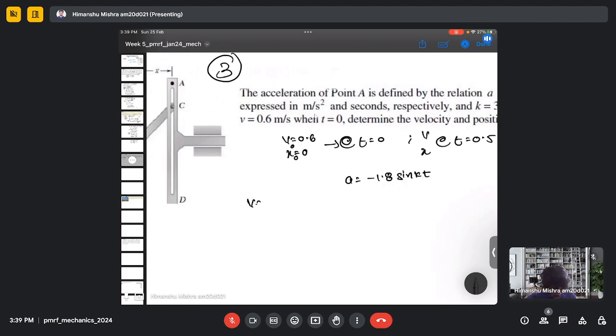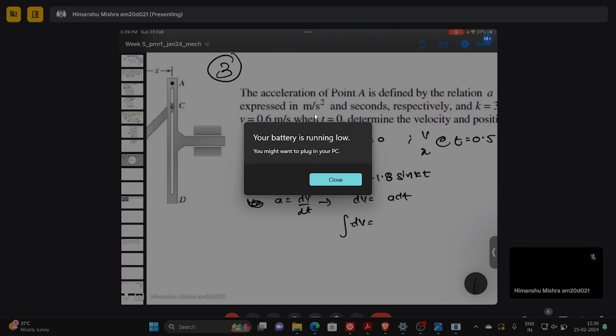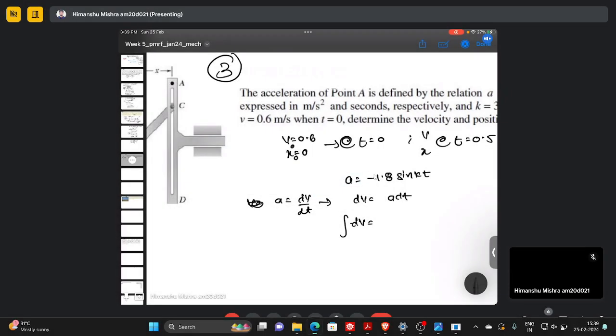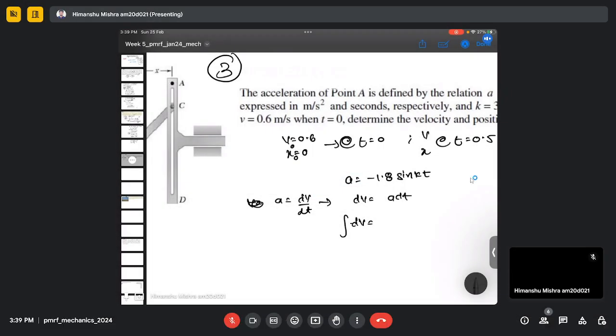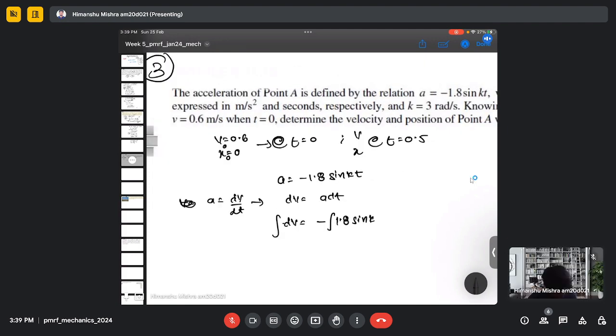Again, we will be using a equals dv by dt. So dv here is 1.8 sine kt dt. We are integrating from v0 to v and 0 to t.